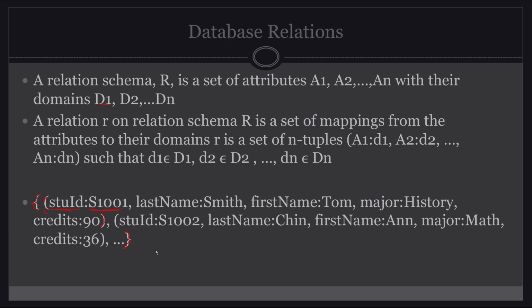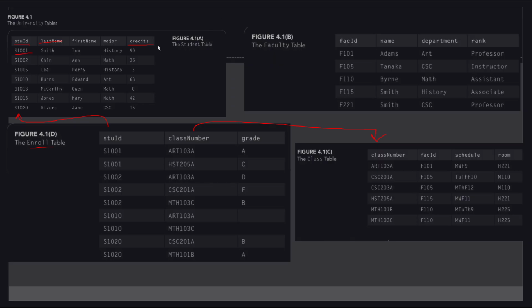The second part of the tuple maps the attribute last name to the value Smith in the domain D2, and so on up to credits being mapped to the integer 90. And this concludes the first tuple. And as we can see here, we have 7 tuples.